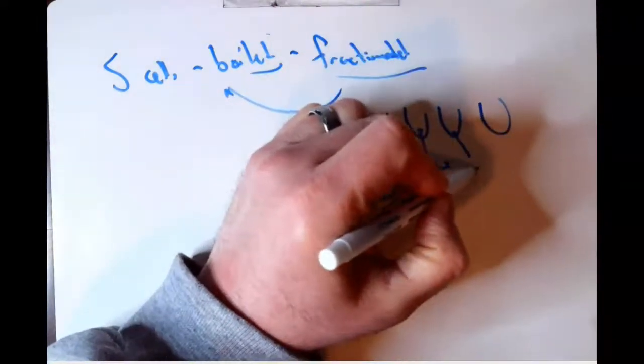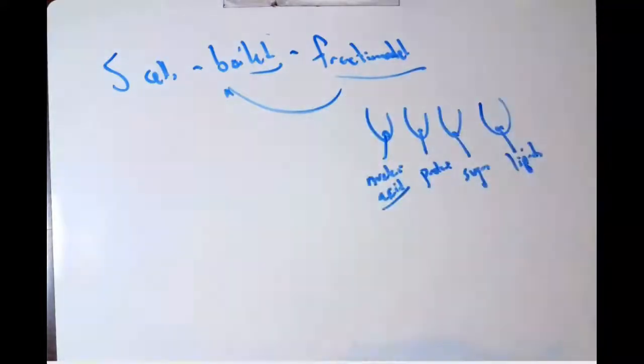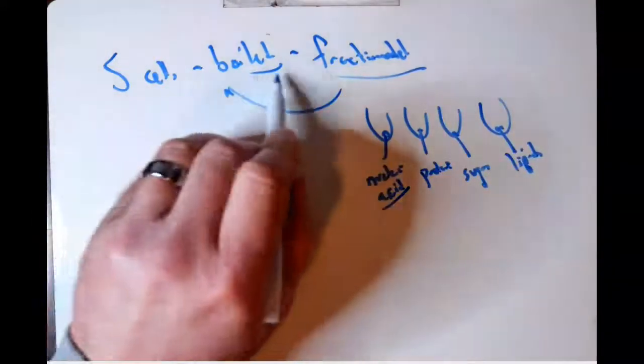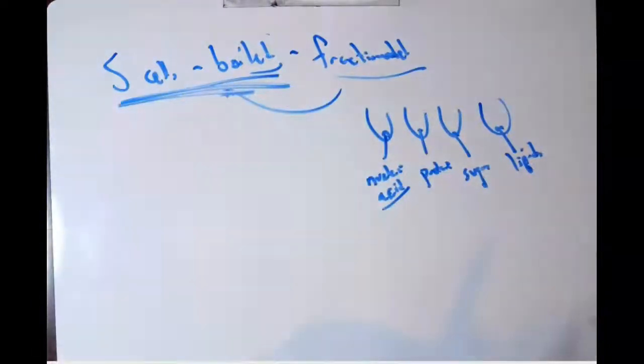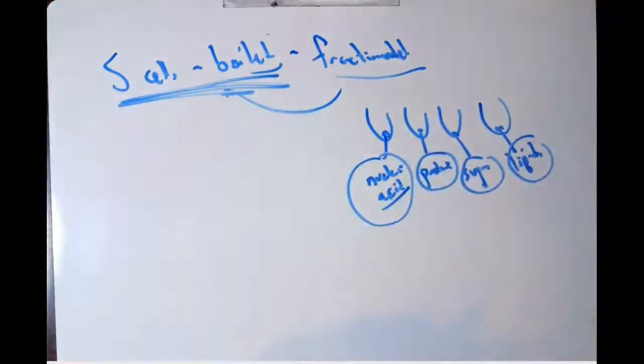And separately from that, he purified all of the sugars, and separately from that, he purified all of the lipids. So he fractionated this boiled S cell mix into the 4 major categories of biomolecules: RNA and DNA, protein, sugar, lipids. Now each of these were distinct and separate.